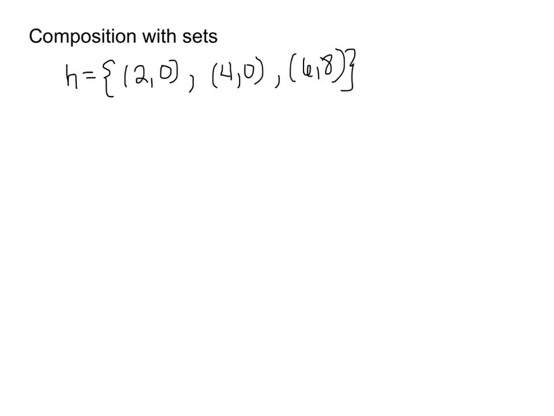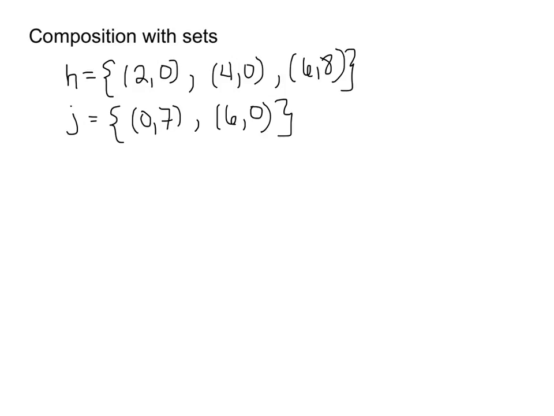And we are going to consider the set H, which is the ordered pairs (2, 0), (4, 0), and (6, 8), and then the set J, which is the set of ordered pairs (0, 7) and (6, 0). And then we can close off the set.